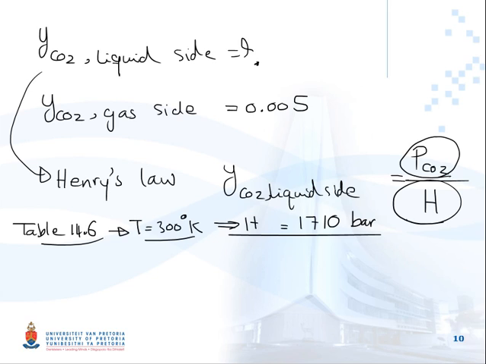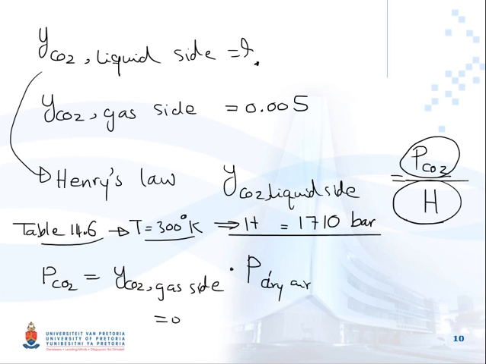Because when it's an ideal gas, we mentioned last session that the partial pressure is equal to y CO2 gas side multiplied by P total, which here is dry air.